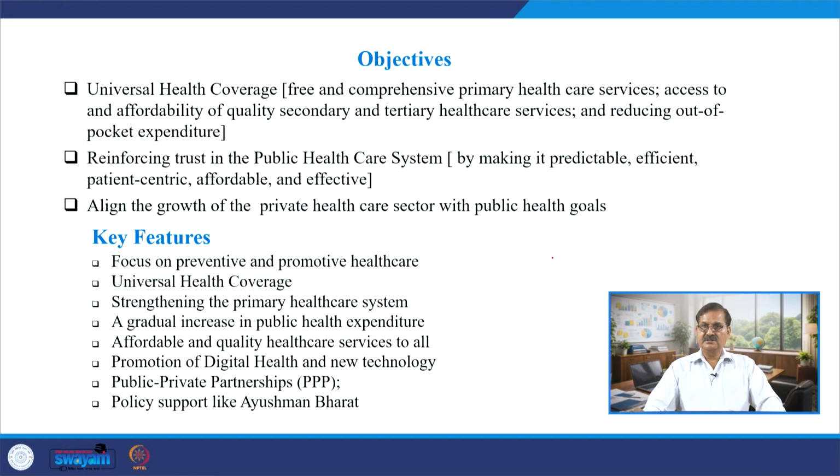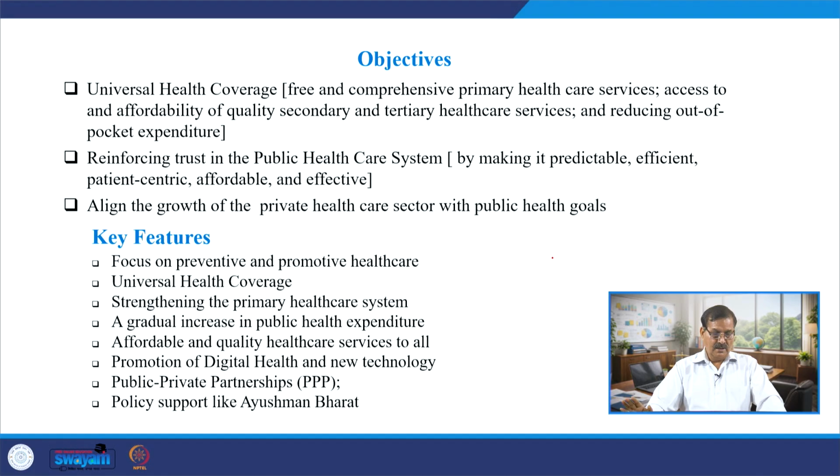Primary healthcare services should be provided free to all, and as far as secondary and tertiary healthcare services are concerned, their access should be easy and affordable to the patients. Another focus is on reducing the out-of-pocket expenditure, which is quite high, reinforcing the trust in the public healthcare system by making it predictable, efficient, patient centric, affordable, and effective.